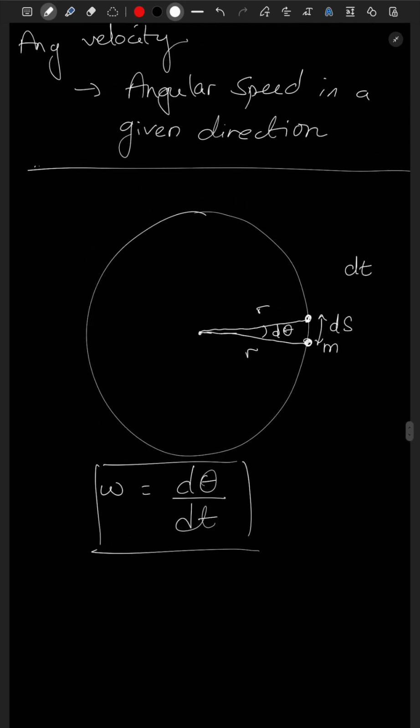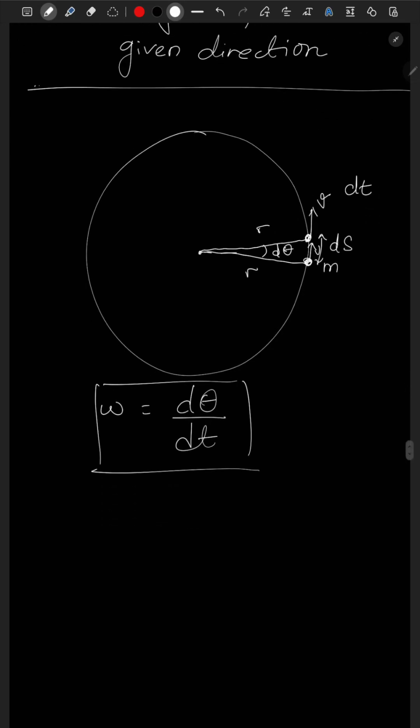Okay, now we know that this speed is always tangent to the circle. So it is always changing. Sorry, the velocity is changing, but the speed is constant.